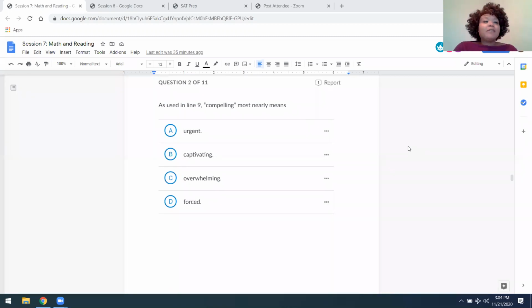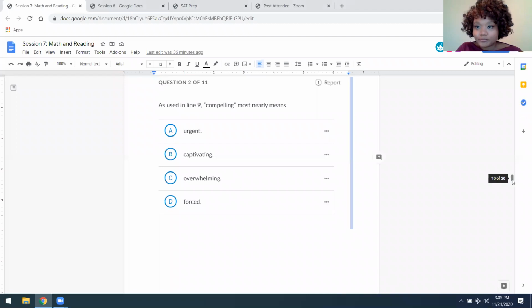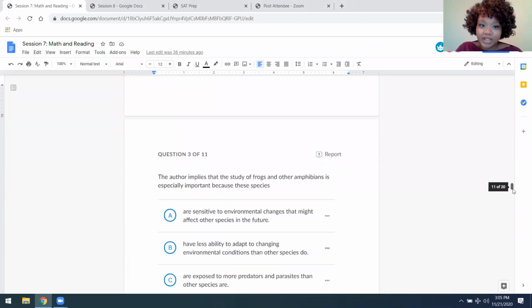Even if you don't remember every single thing the word means, you'll be familiar with it, and on your test, it'll help you. It'll also help you in college, honestly. So number 2 is A.